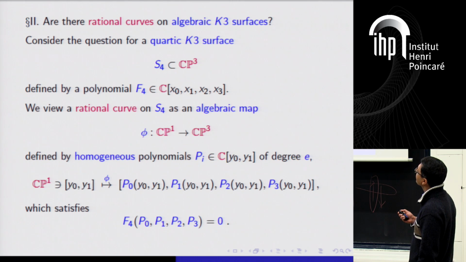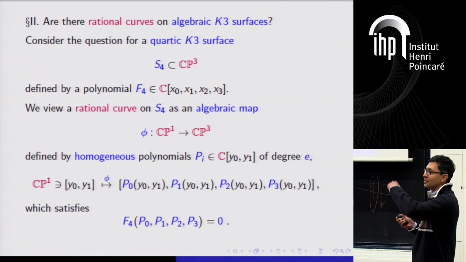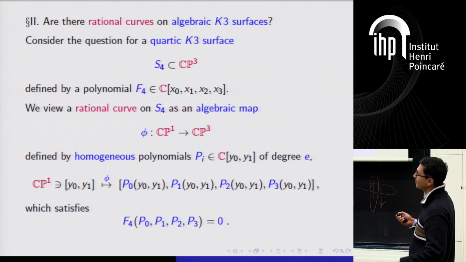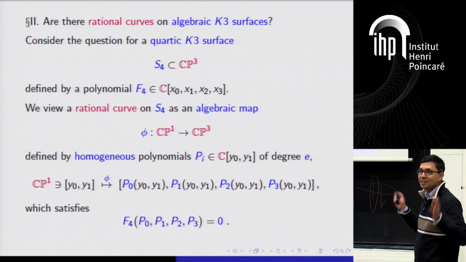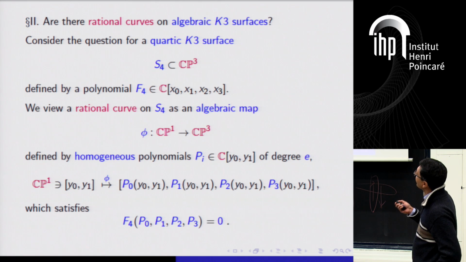So the rational curves in CP3 are parameterized by these 4-tuples of polynomials of some fixed degree. You get to decide what degree. If this degree is 1, then you'll write down an equation of a line. If this degree is 2, then you write down an equation of a conic in space. If this is 3, you'll write down the equation of a twisted cubic in space. But once you fix a degree, the rational curves are given by a 4-tuple of polynomials.